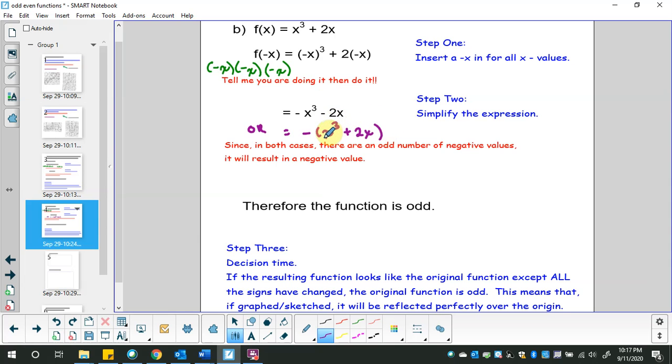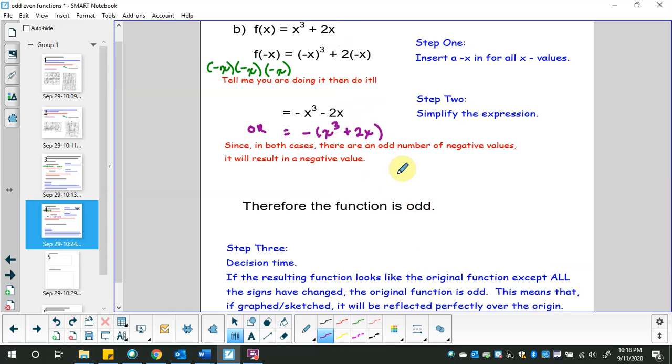Now if you take a look at this bracket, this quantity is exactly the same as the original with a negative out front. So decision time is always step 3. If the resulting function looks like the original function except all the signs have changed, or you can common factor out a negative and all the signs are the same, then you have an original function being odd.